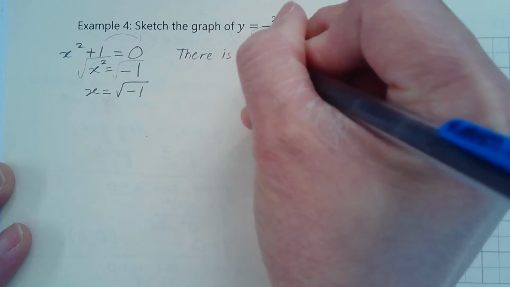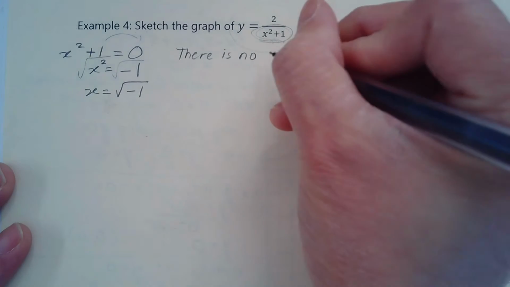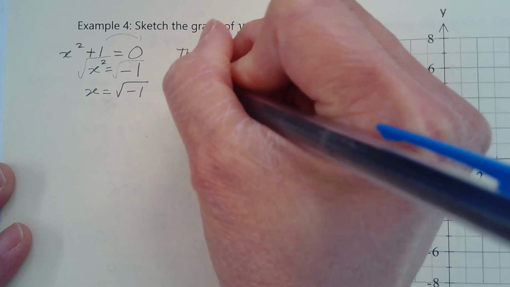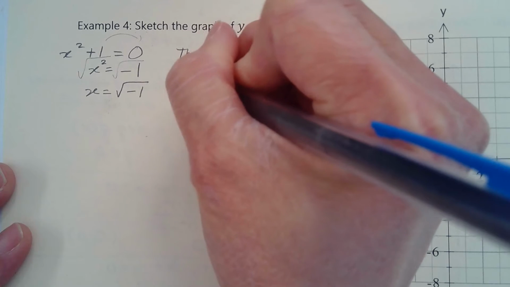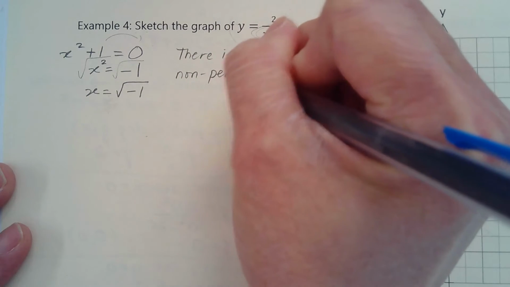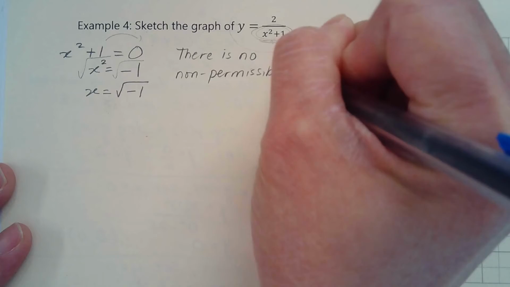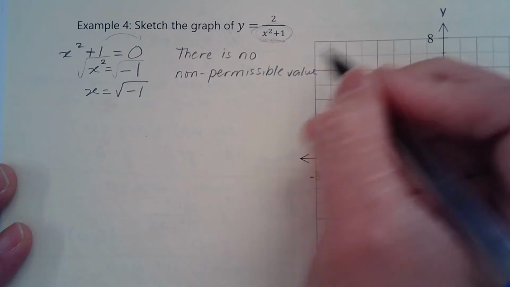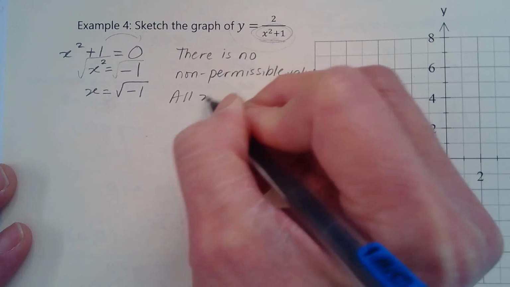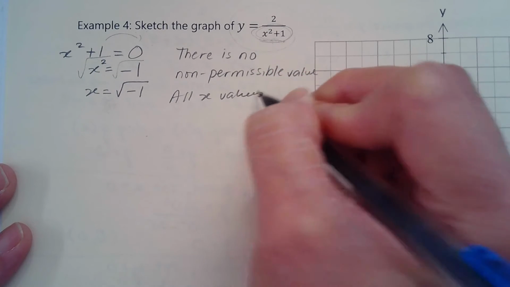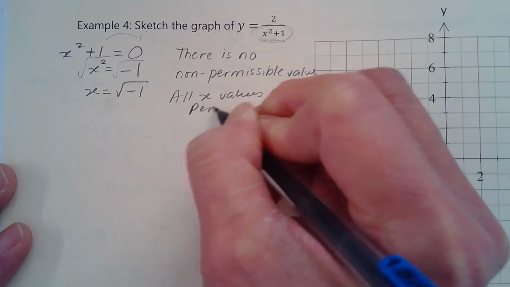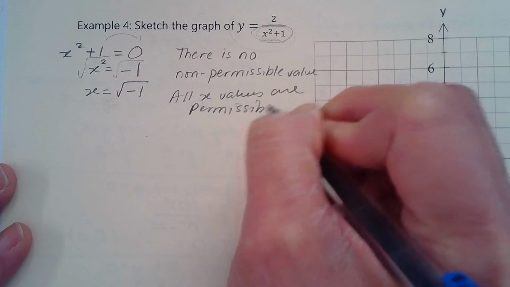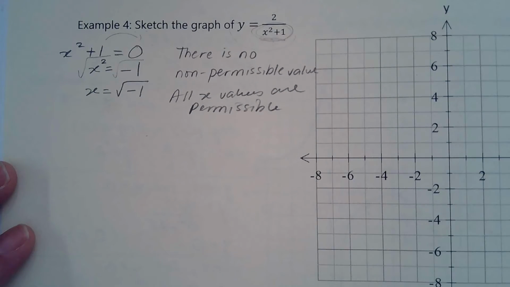No non-permissible value. So it's like a double negative. So that means all x values are permissible. Okay, great.